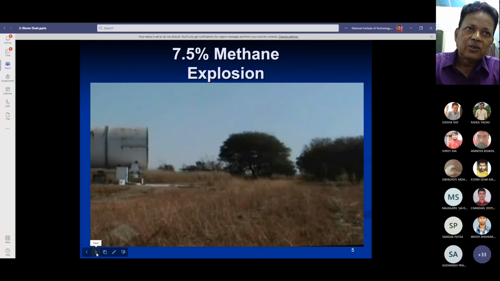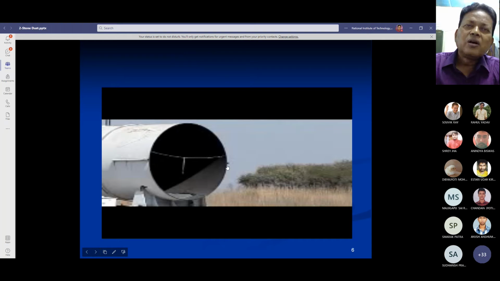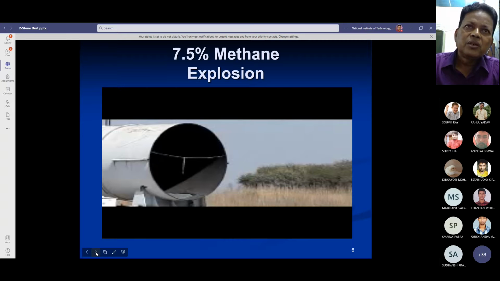This is the diameter of the gallery where the experiment is conducted. So, let us see how your 7.5% methane explosion takes place.